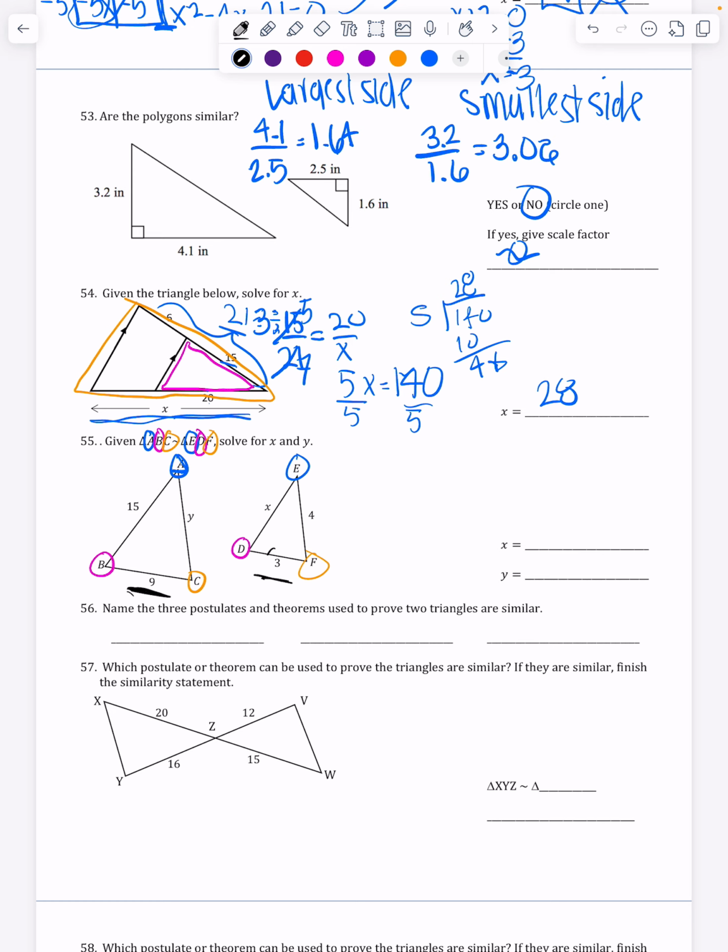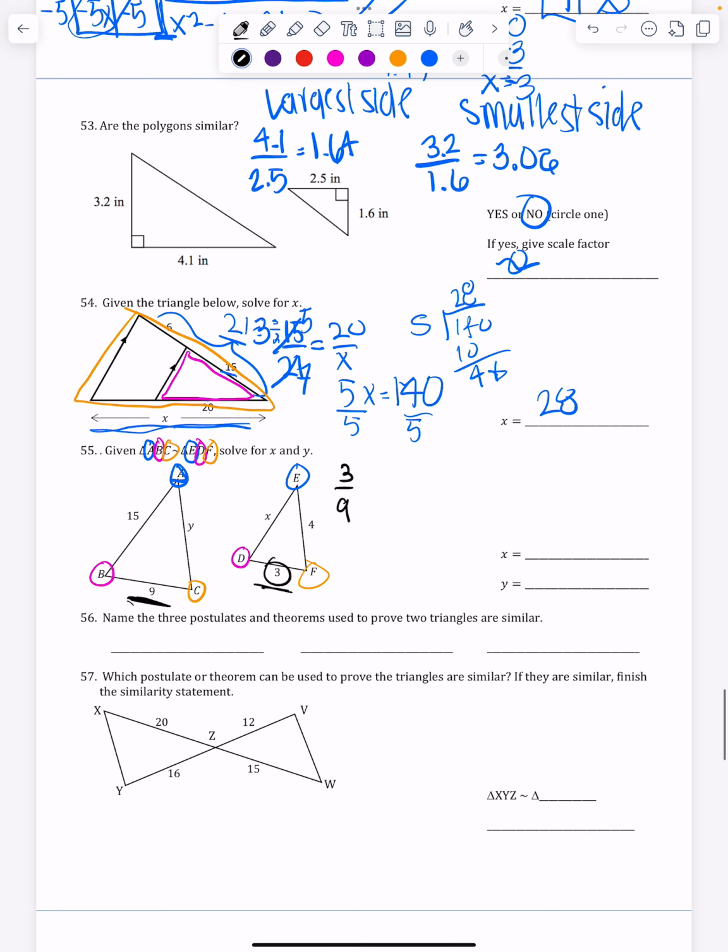So I'm going to go ahead and take the 3 of this smaller triangle and put it over the 9 of this bigger triangle, because they are the corresponding sides, right, between the orange and the pink. All right, and then I'm going to set it equal to my x. So I'm going to do x on top because I started with 3 on top, and the corresponding side to x would be 15, so over 15. Now I kind of want to reduce these and divide them by 3.